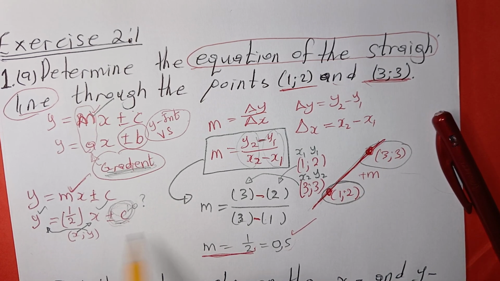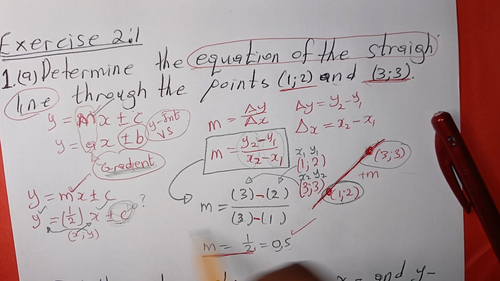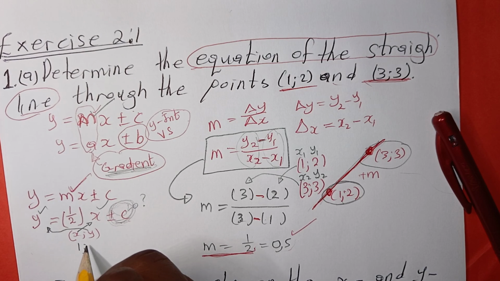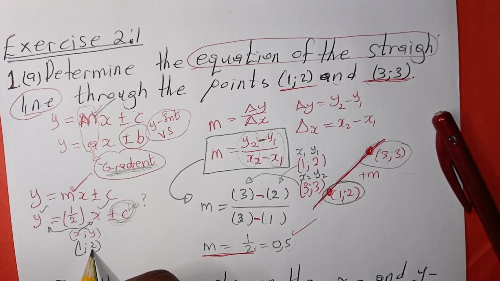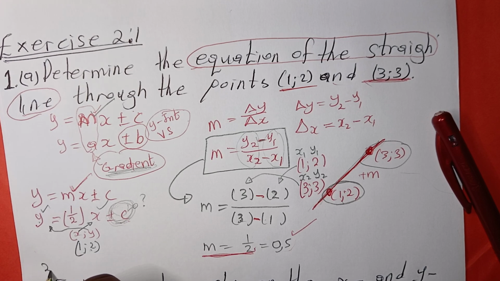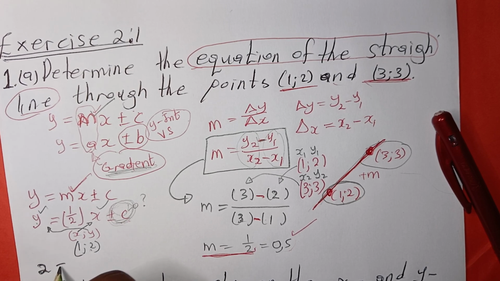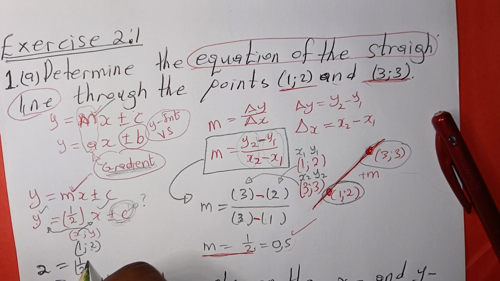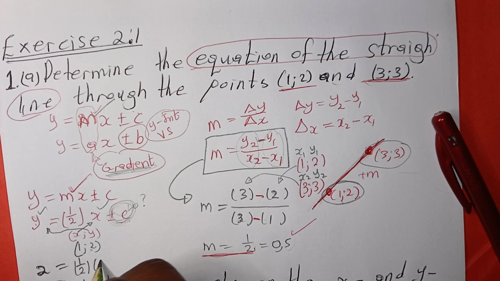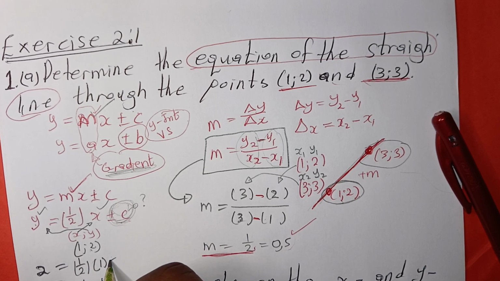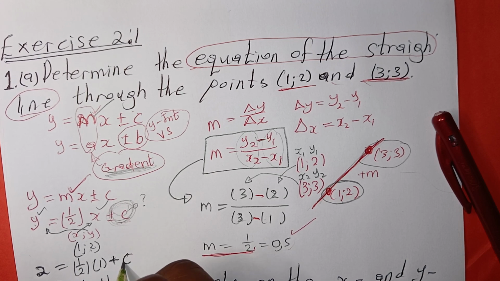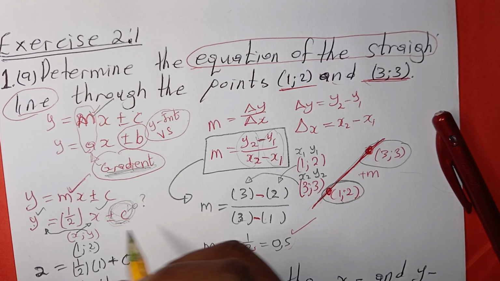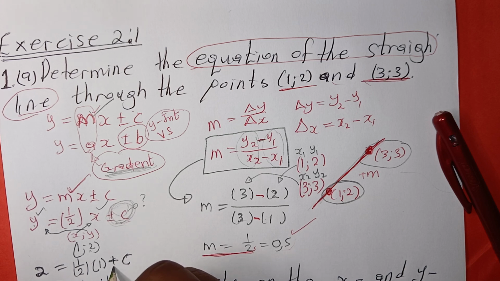In this case, I can take this one, (1, 2). When I substitute, my y is 2, the gradient is 1 over 2, my x is 1, and I just say plus c. All the time say plus c.